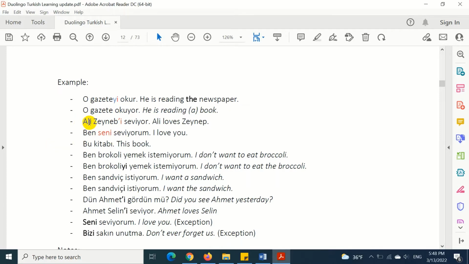Or Ali Zeynep'i seviyor. Ali loves Zainab. Bu kitabı, this book. Why this letter? Because the last letter is there.